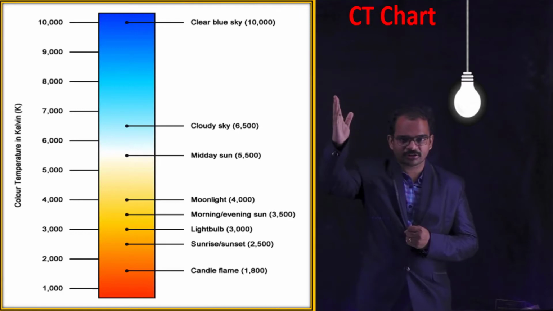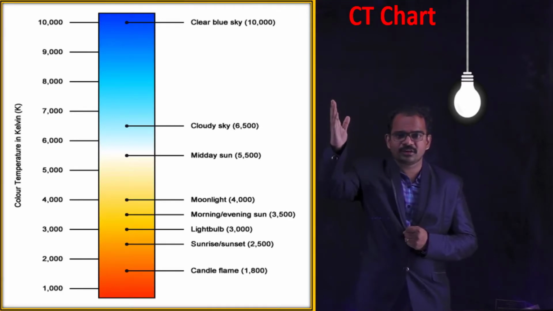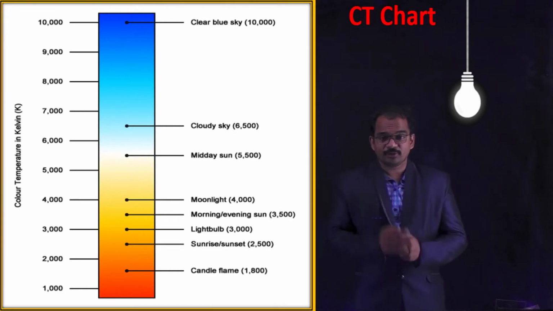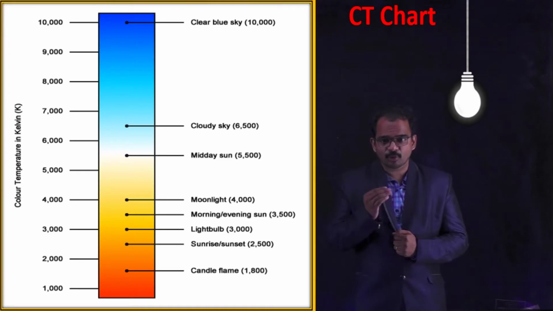When you come down, there is a cloudy sky, and this cloudy sky has a color temperature of 6,500 Kelvin.